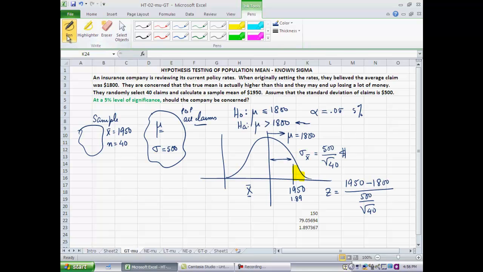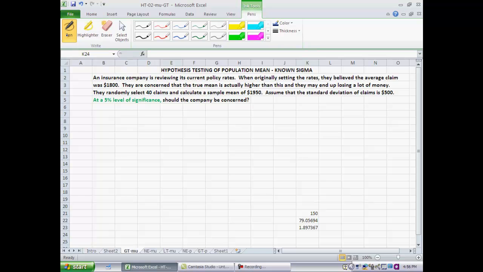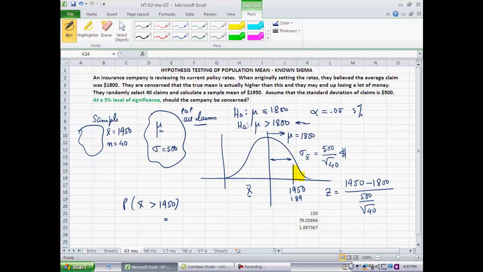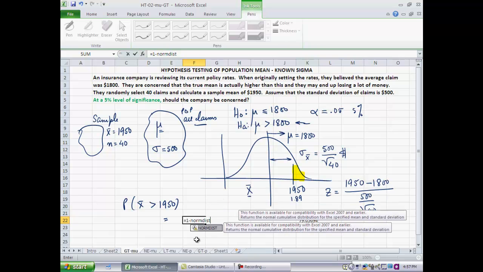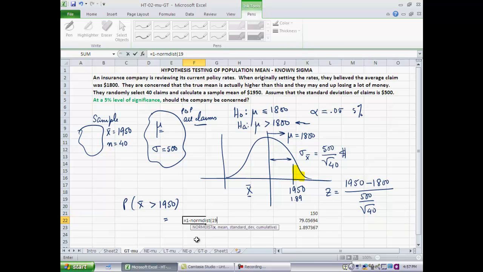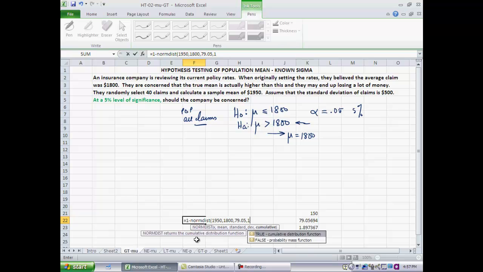So the probability of x bar being greater than 1950 is equal to 1 minus NORM.DIST of 1950 comma 1800 comma standard deviation 79.05 comma 1.